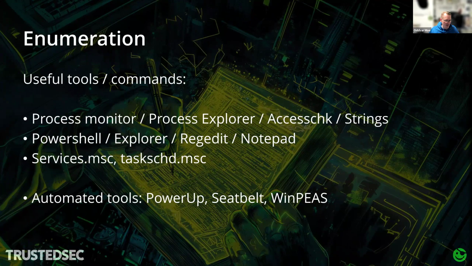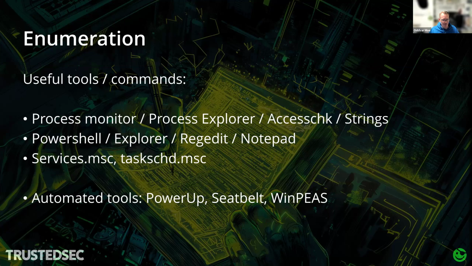And of course, using PowerShell, using the Explorer, just file Explorer, just browsing the machine is super useful. Regedit, Notepad can also be useful sometimes. And also looking at the different system MMCs like services or Task Scheduler or stuff like that.